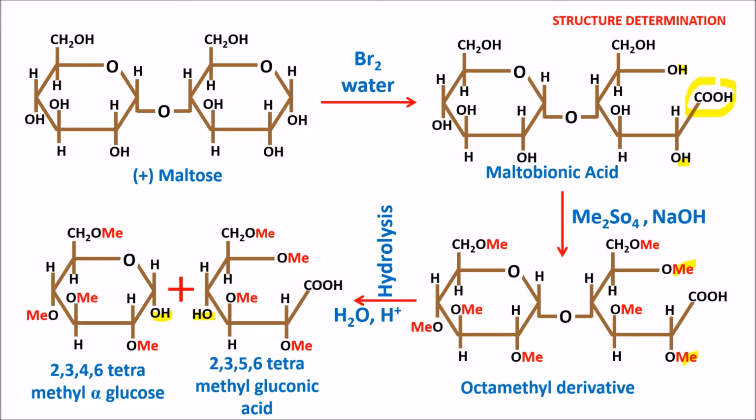So methylation of maltose followed by hydrolysis gives 2,3,4,6-tetramethyl glucose and 2,3,4,6-tetramethyl gluconic acid, which proves that C1 of glucose is attached with C4 of the other glucose molecule.